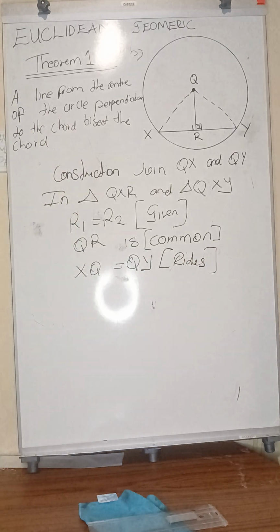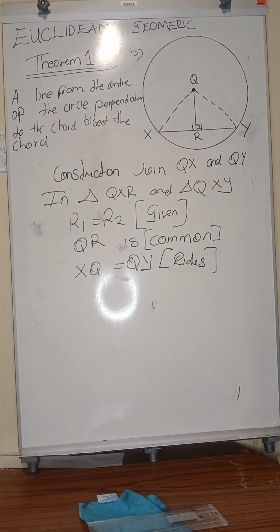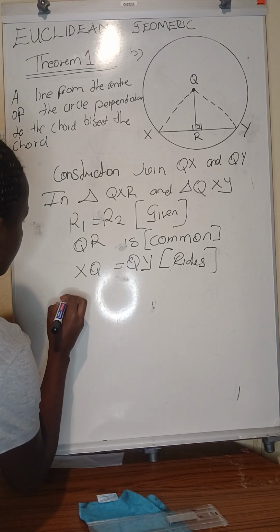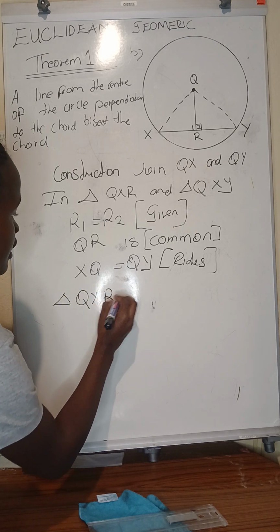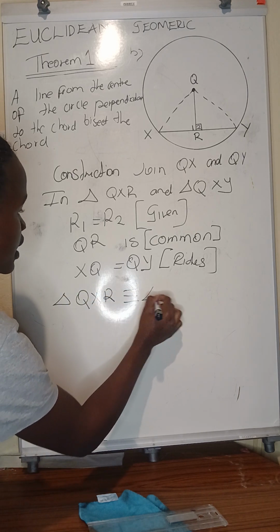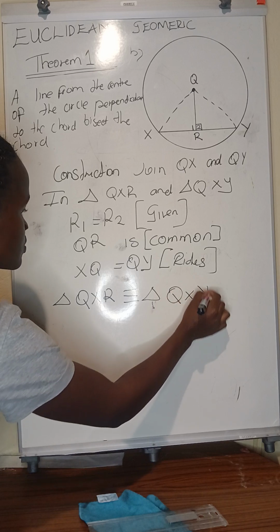They're the radius. So what do we say? What is the final statement of this thing? The final statement is that triangle QXR is congruent to triangle QXY.